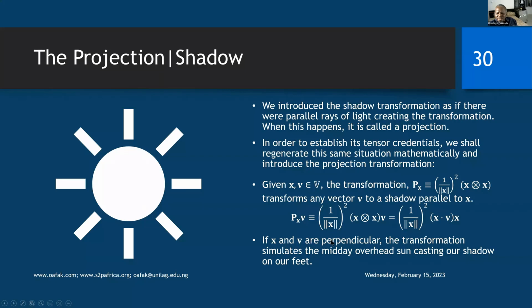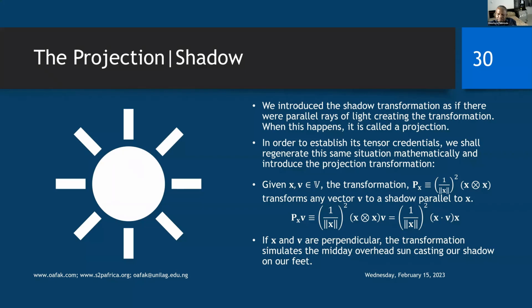So if x and v are perpendicular, the transformation simulates the midday overhead sun, casting our shadow on our feet, which means that at that point, x dot v is 0. So everything now becomes 0. This is the definition. What we have done on page 30 is that we have shown the definition of the projection transformation on our way to proving that it is a projection tensor.